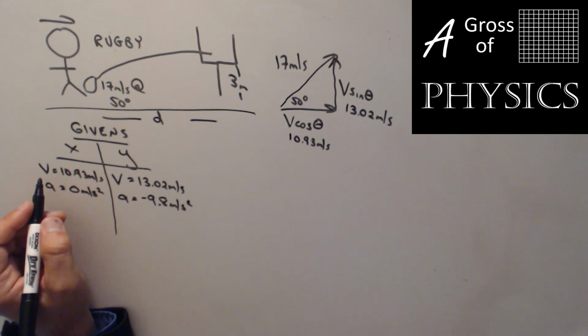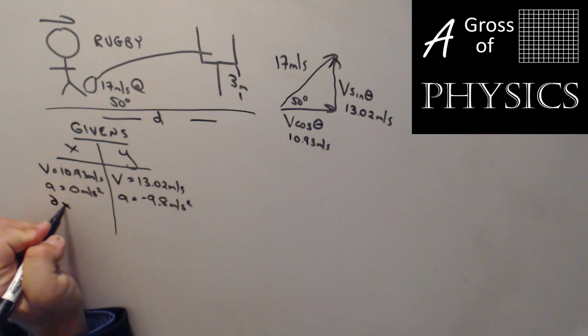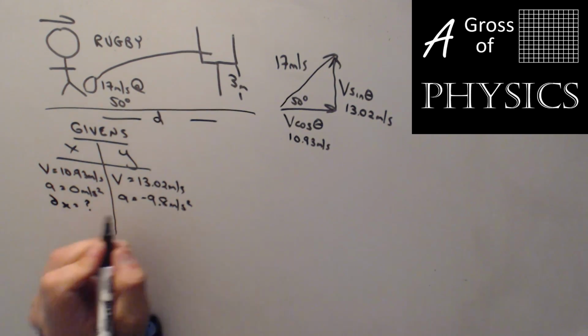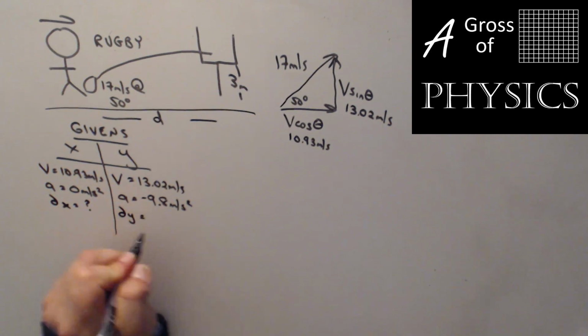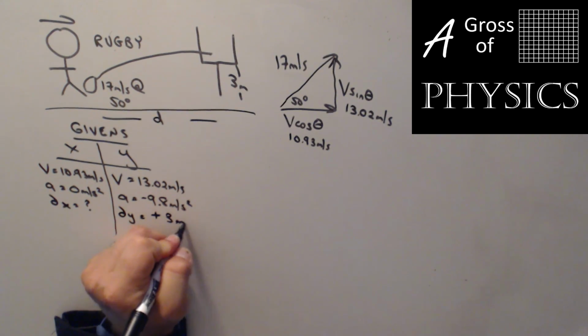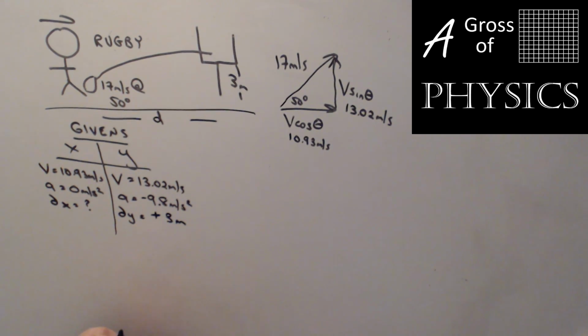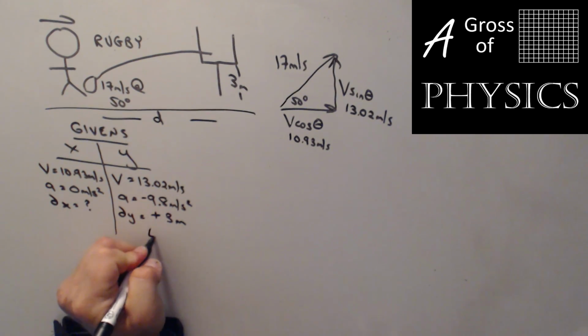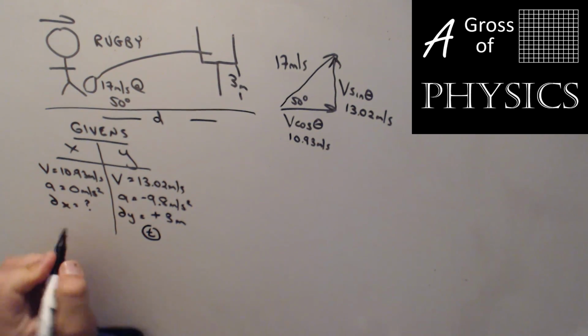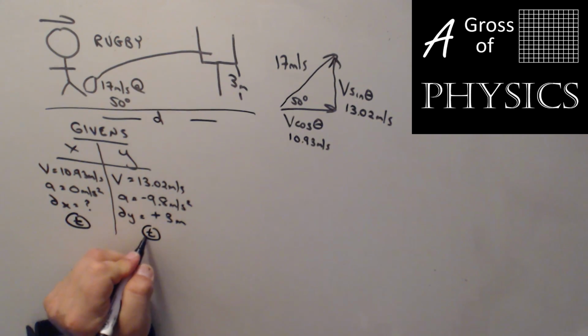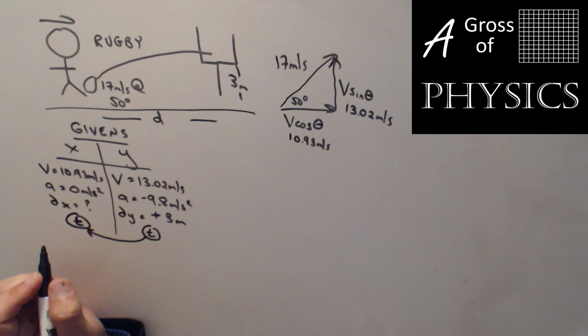At this point, we want to find dx. We don't know what it is, so I'm going to put a question mark. And then dy is positive 3 meters because it moves upward 3 meters from where it started. So we're going to solve for t and plug it back in and figure out our displacement in the x direction.